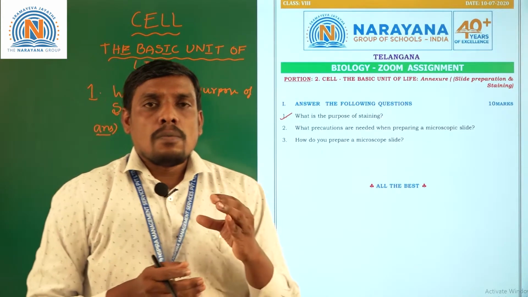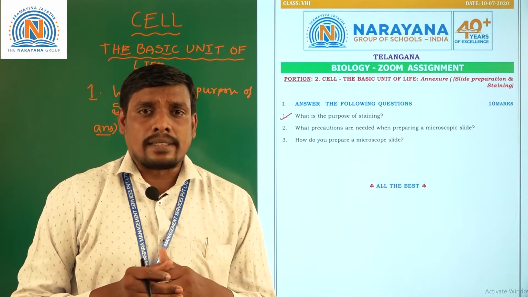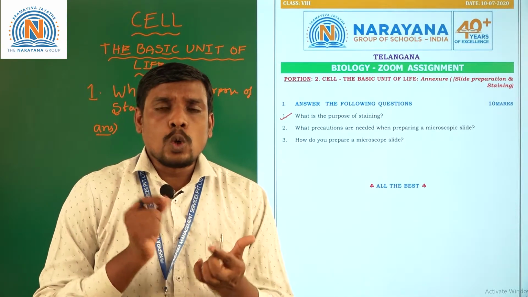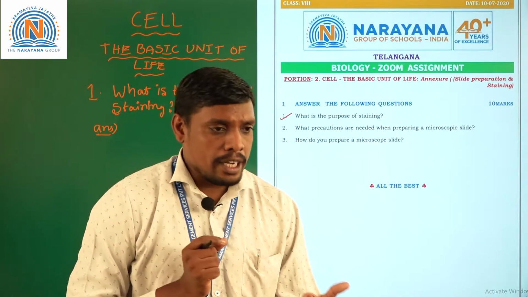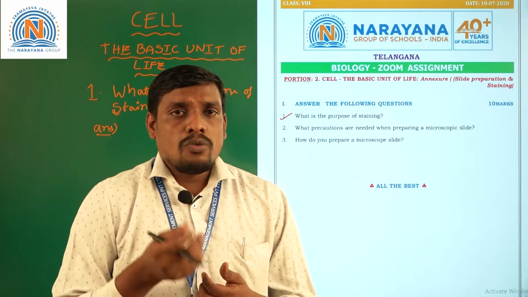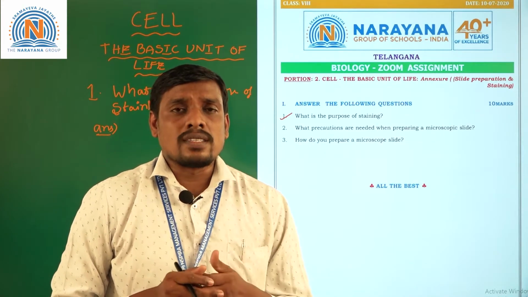You know purple sulfur bacteria or lactobacillus bacteria. If you want to see the lactobacillus bacteria in front of a microscope, we need to add crystal violet color.